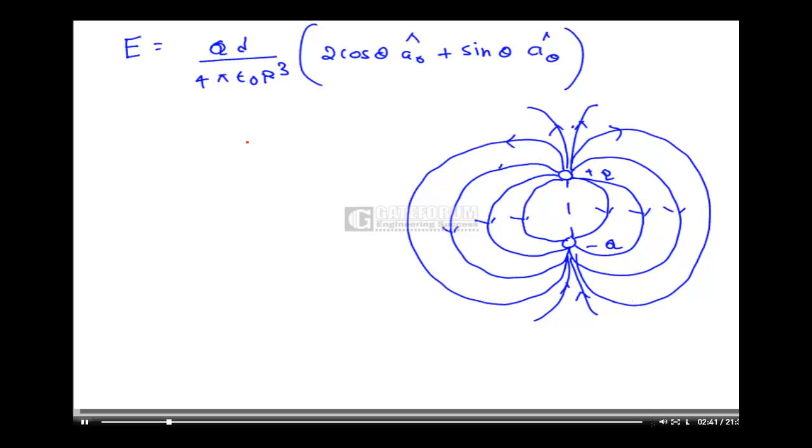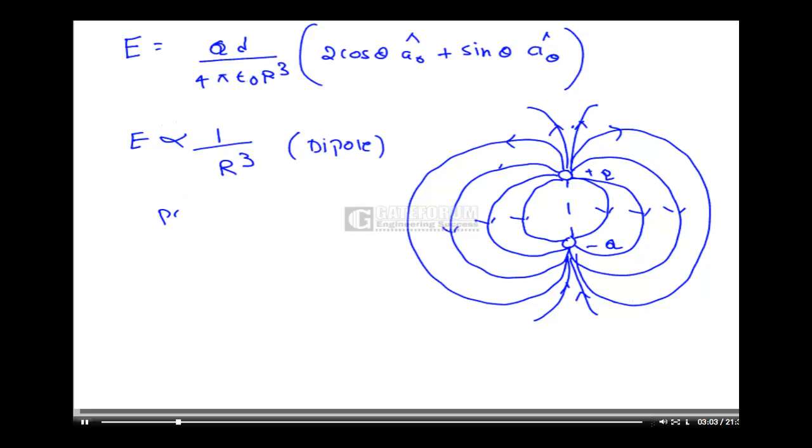Here the important point is not the expression at all. The electric field intensity is proportional to 1 by R cube for a dipole. Dipole means two charges.